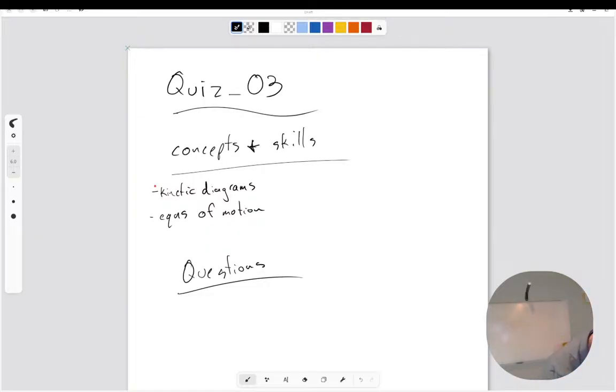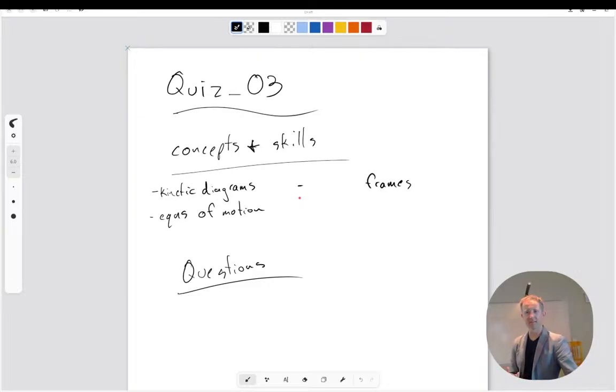Working with frames. Yeah, I'm thinking of a frame of a picture. What kind of frames were we working with?